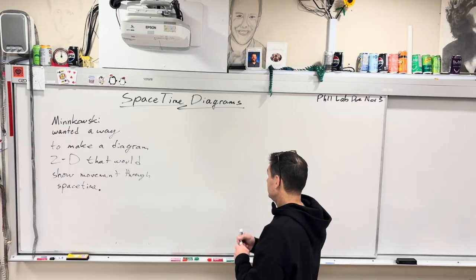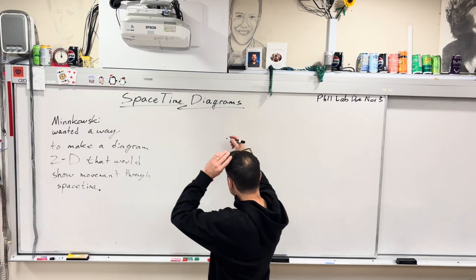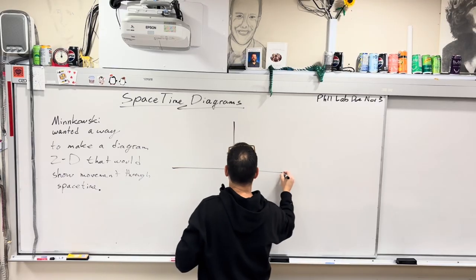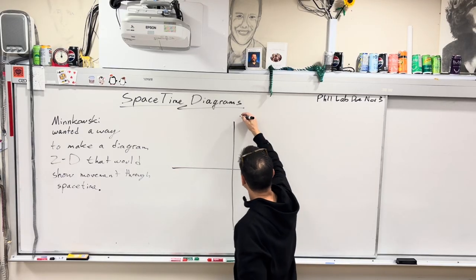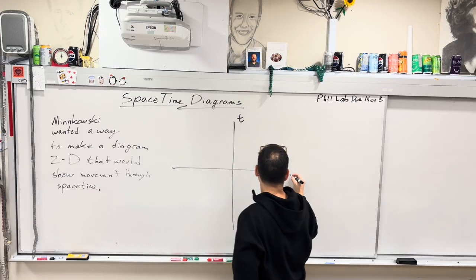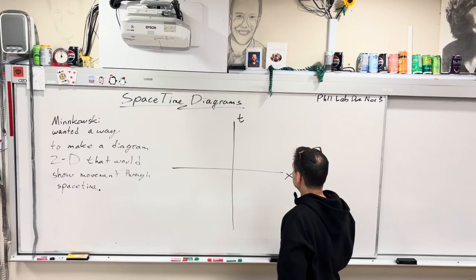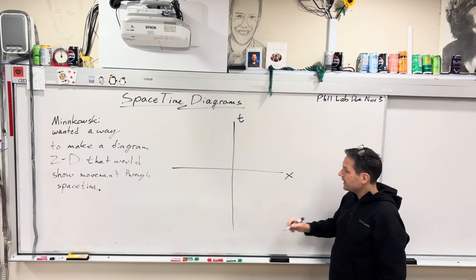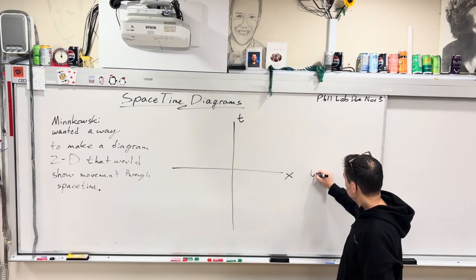So a Minkowski diagram looks like this. You have time here, and you have space here. Time is moving upwards.